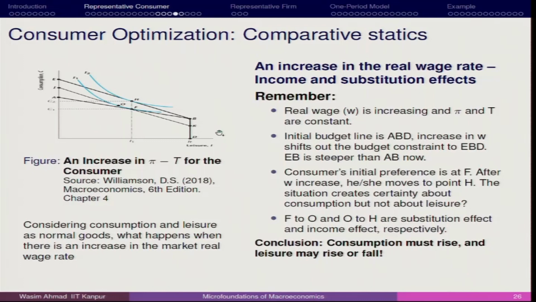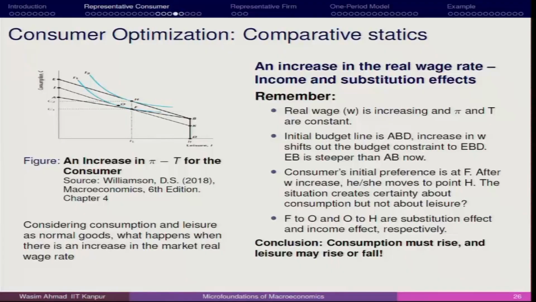The underlying idea is that the substitution effect and the income effect have a reinforcing effect on consumption, so consumption will simply increase. But the income effect is not impacting leisure while the substitution effect is, which means it will depend on the representative consumer whether the increase in wage rate leads to an increase or decrease in leisure.